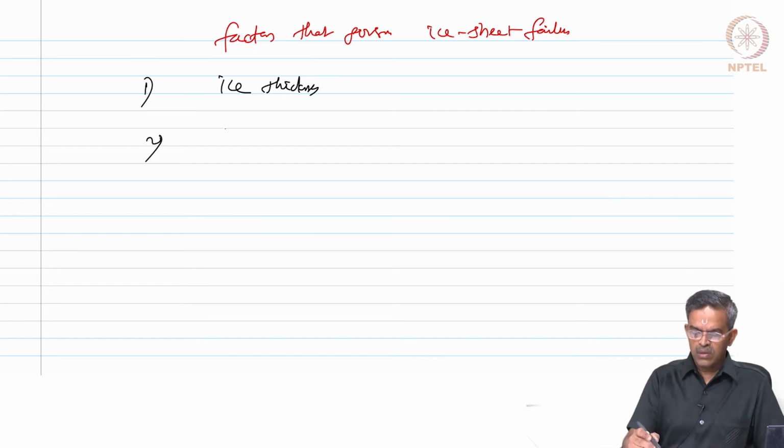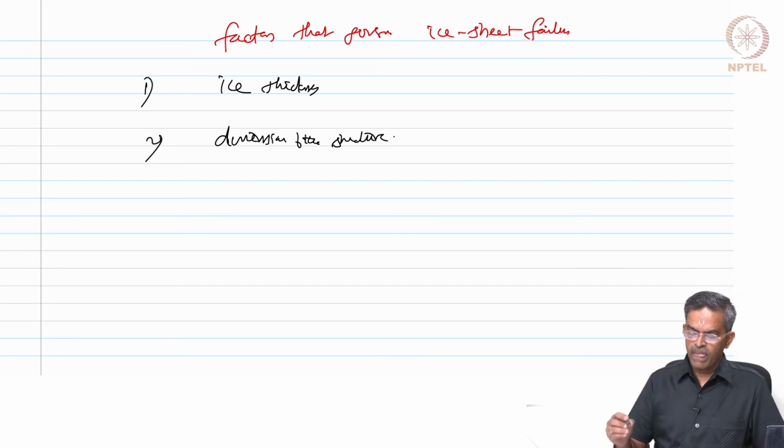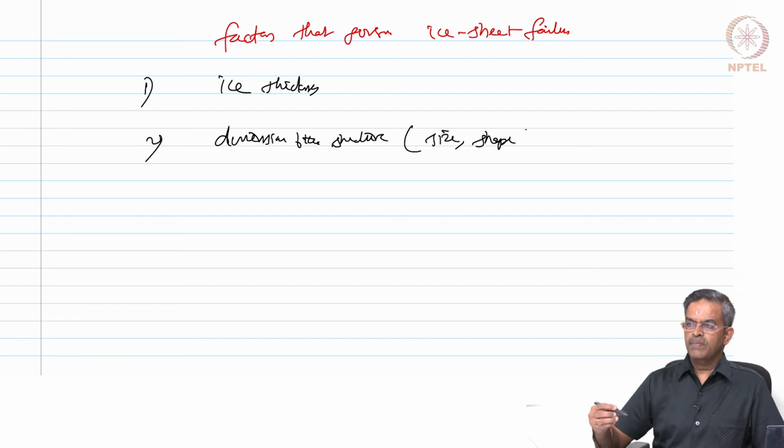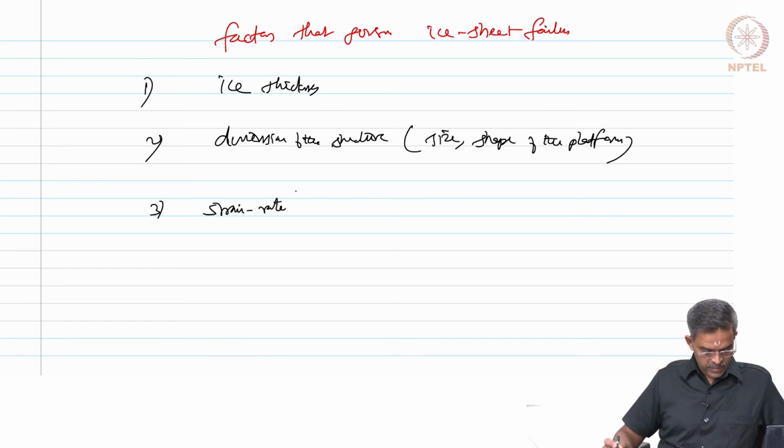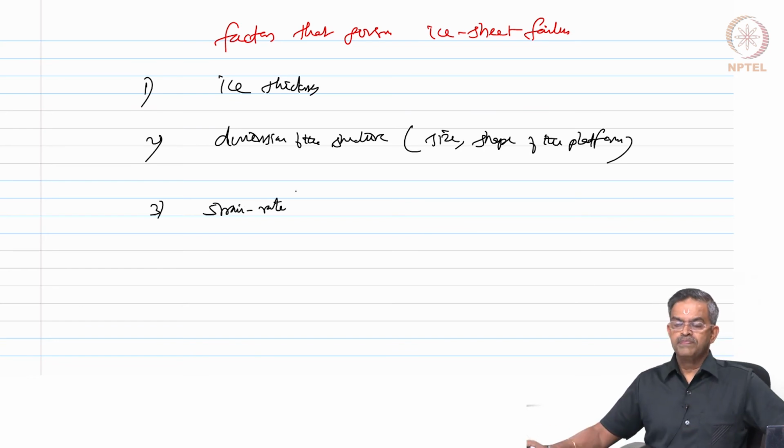It also depends on the dimension of the structure to which ice impact is considered. Dimension, I mean size, shape of the platform. The third one is the strain rate, which is very important.